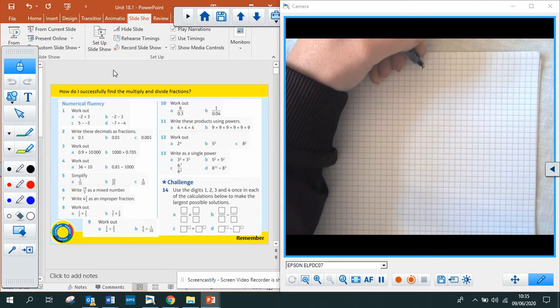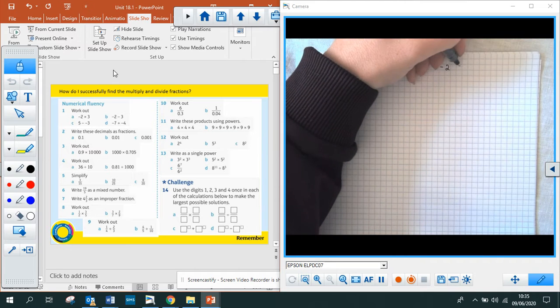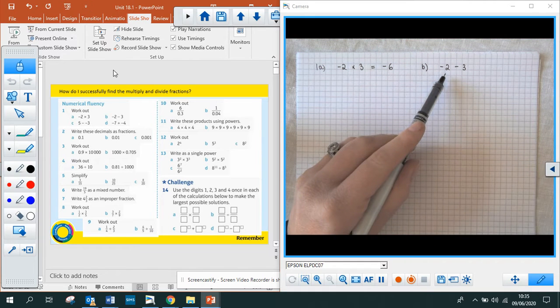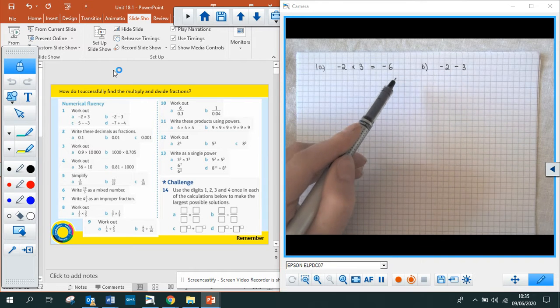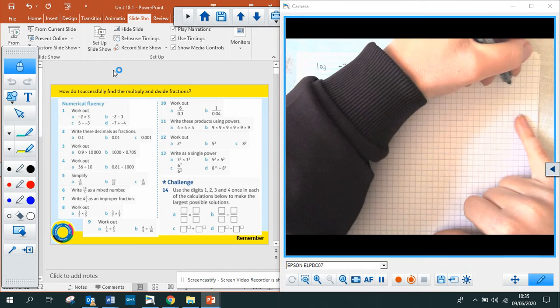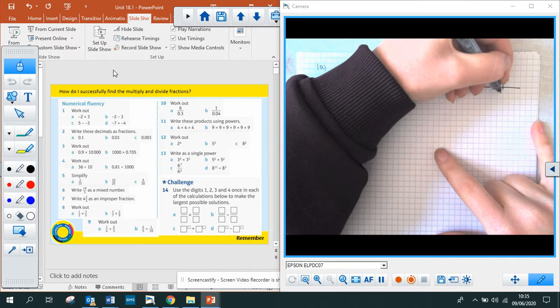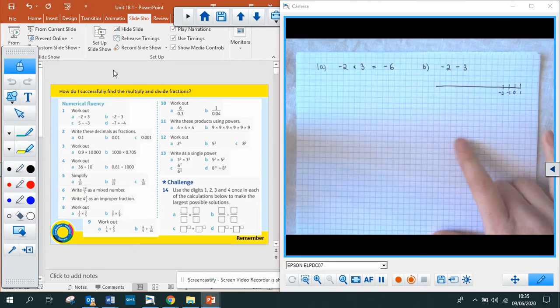For B, we have -2, and I'm taking away another 3. So I'm at -2 on my number line, and I'm taking away another 3 from that, so I'm going to continue going to the left. Maybe I'll do a quick number line just to demonstrate that. So I'm at -2 here. That's -1, 0, and 1.